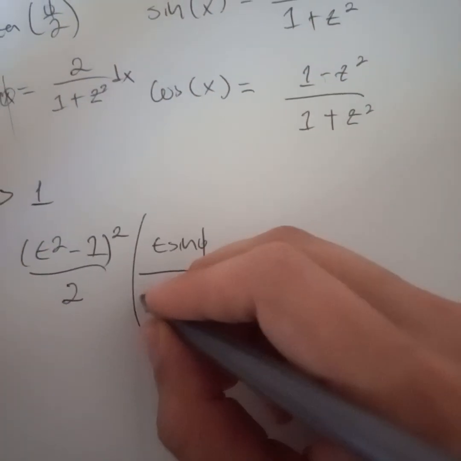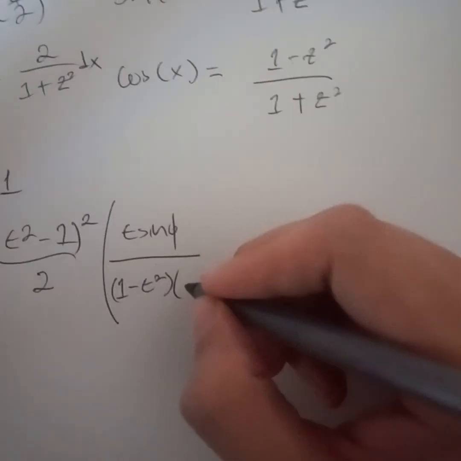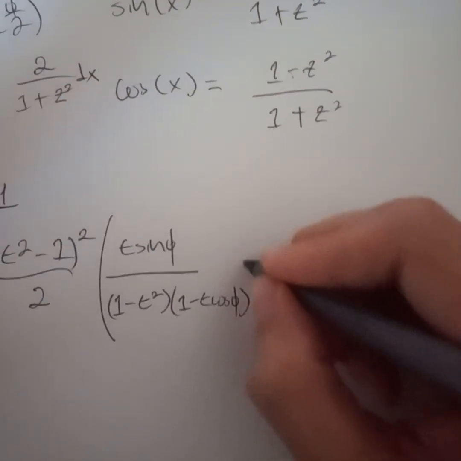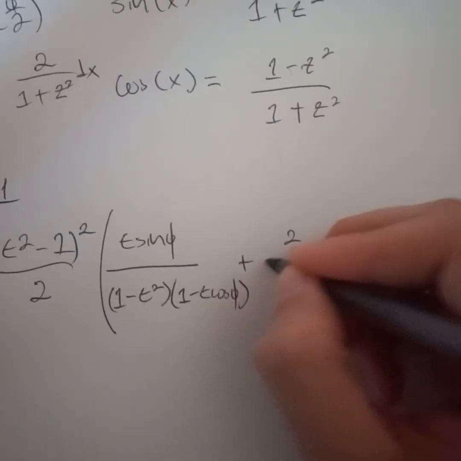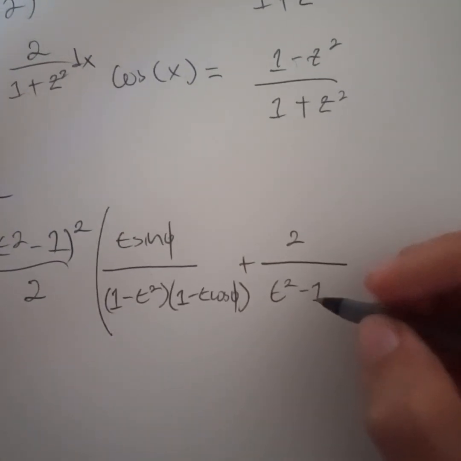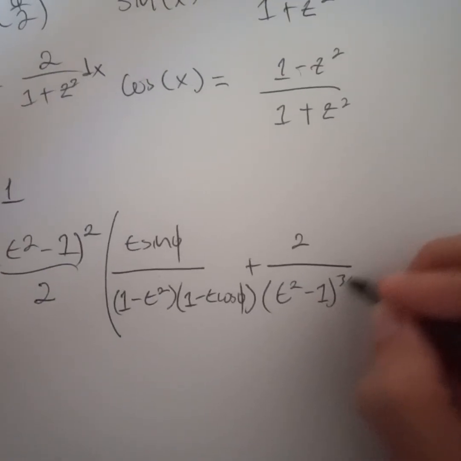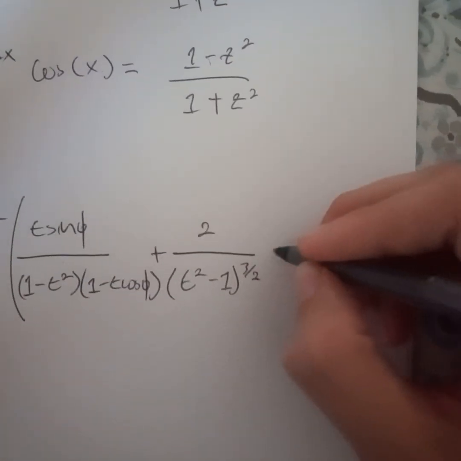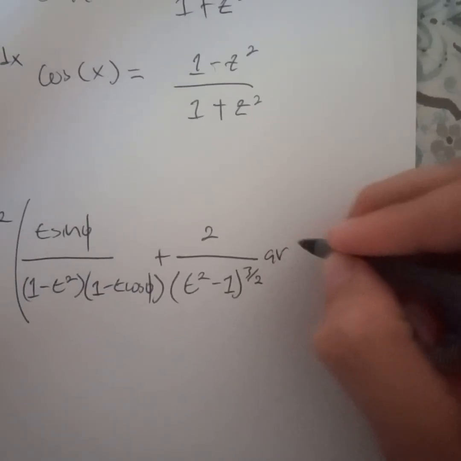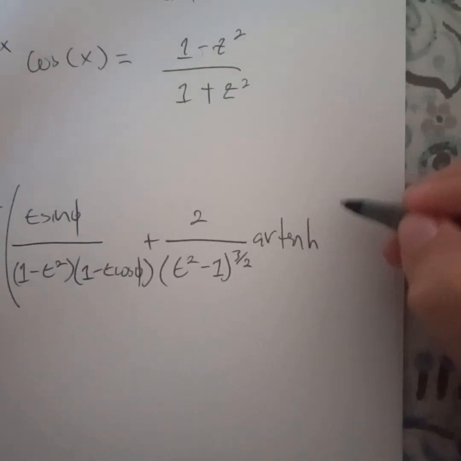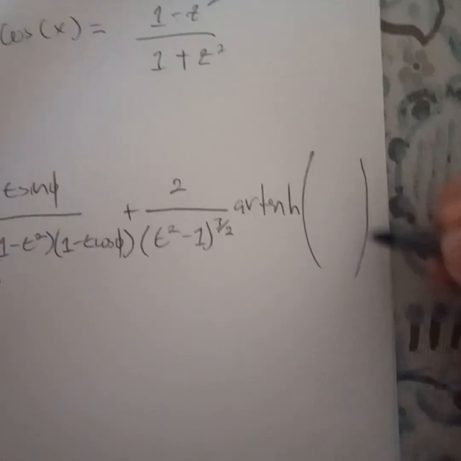Let's see, 2 over 1 plus e cosine phi, plus 2 over e squared minus 1 to the power of 3/2, and then the arc hyperbolic inverse tangent with the little thing there.